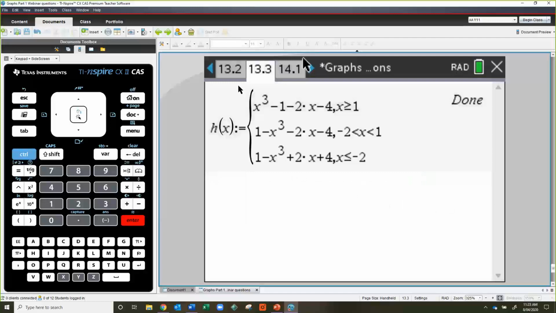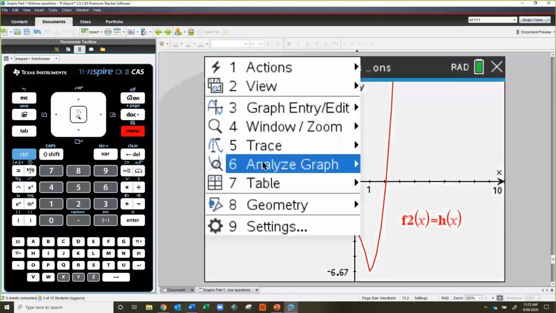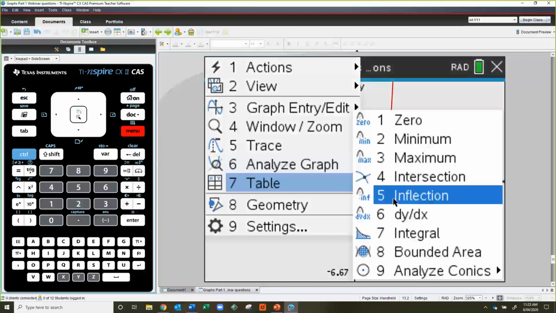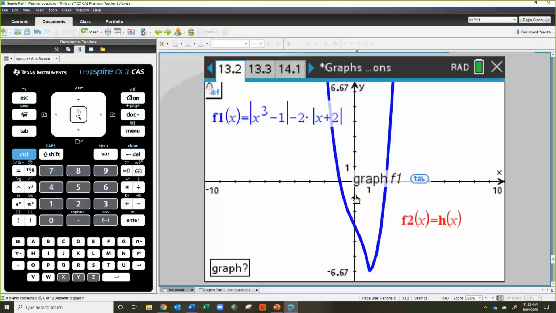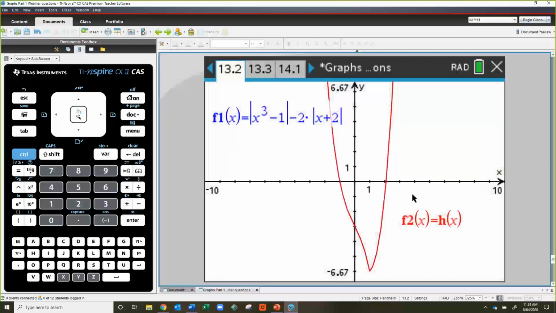Why is it helpful? It is helpful because now if I have a red graph, and I would try to do analyze graph inflection again. Which graph? The red graph. It doesn't want to work for me today. Red graph, I go from here to here.